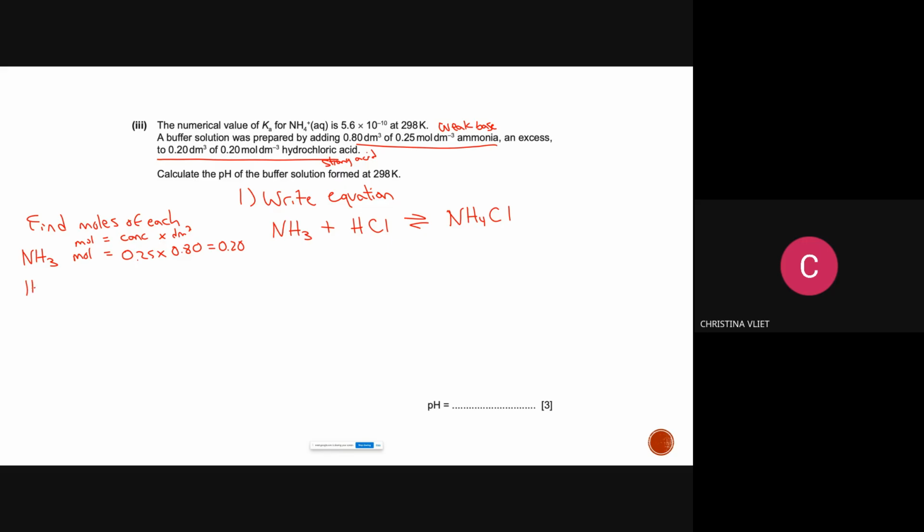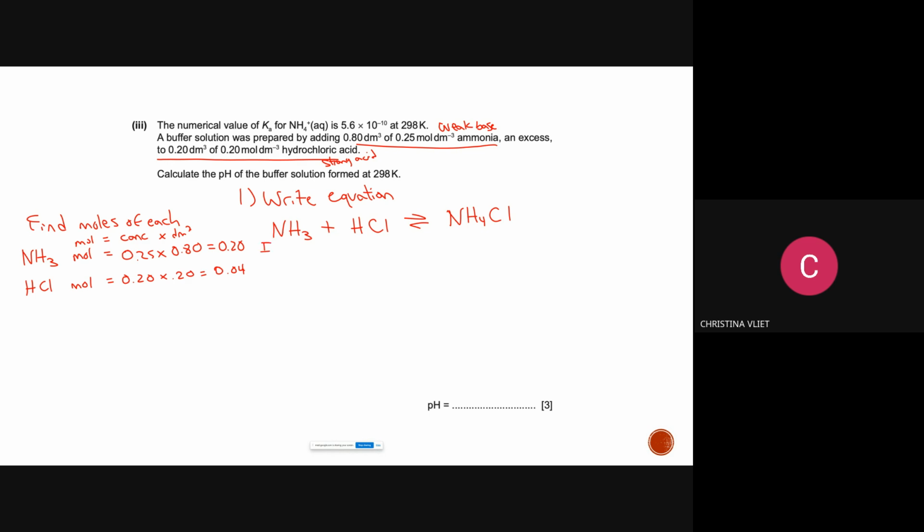HCl moles is 0.2 times 0.2. And I believe that's 0.04. You see what's going to run out first just by looking at the numbers. HCl.